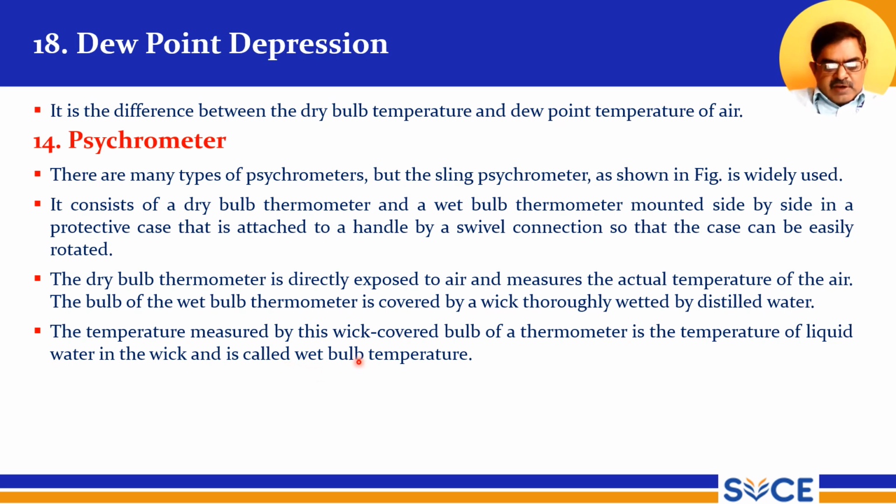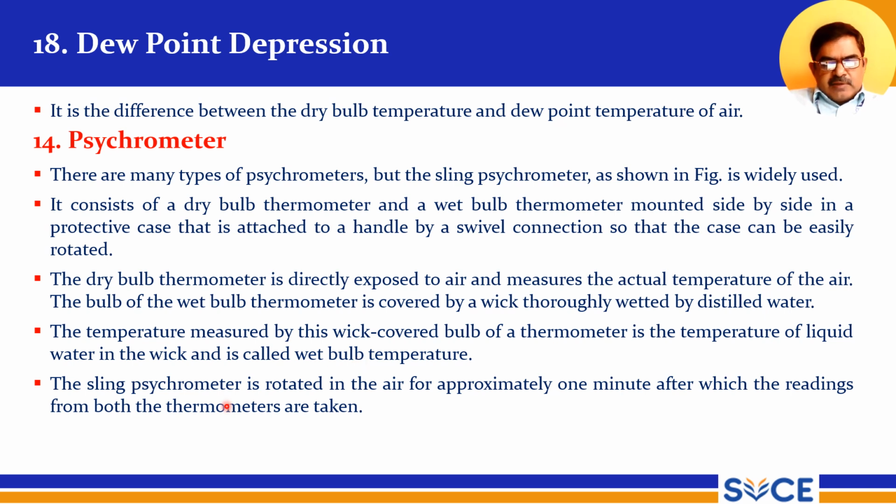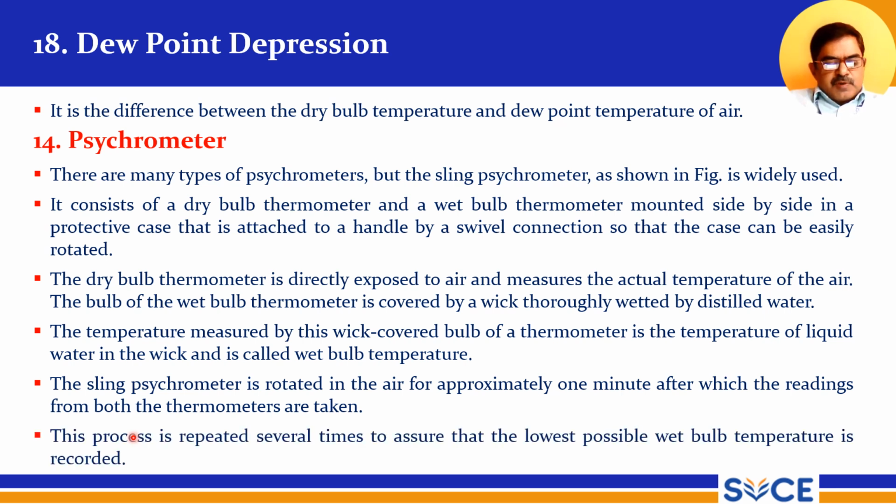We have already seen the working of wet bulb temperature measurement. The sling psychrometer is rotated in the air for approximately 1 minute, after which the readings from both thermometers are taken. This process is repeated several times to assure that the lowest possible wet bulb temperature is recorded.